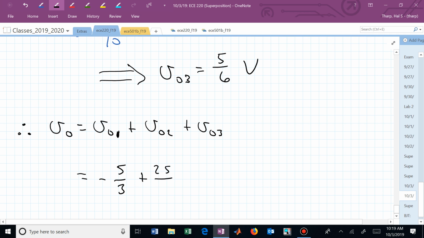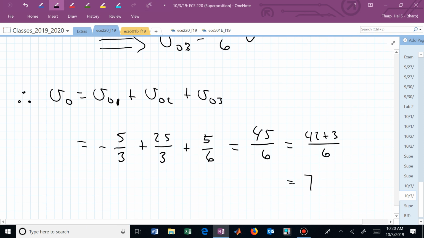V02 was 25 over 3. And V sub 03 was 5/6. You put all of those over a common denominator of 6, and you end up with 45 over 6, which is 7.5 volts, which is what we expected. That was the answer in the back of the book.